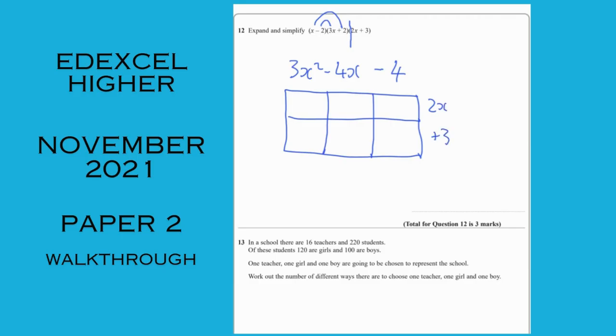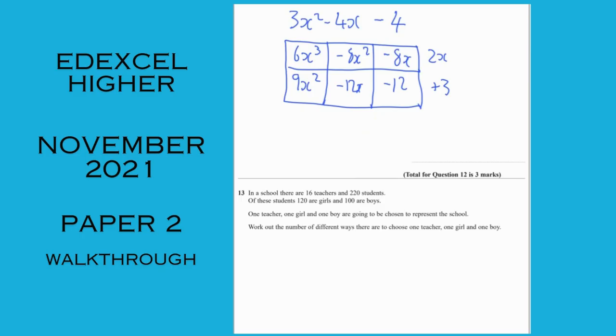stick with the grid. Everything on the top needs timesing by 2x, so 6x cubed minus 8x squared minus 8x. On the bottom, treble everything, 9x squared minus 12x minus 12, and simplify for your answer. 6x cubed is the only cubed term.